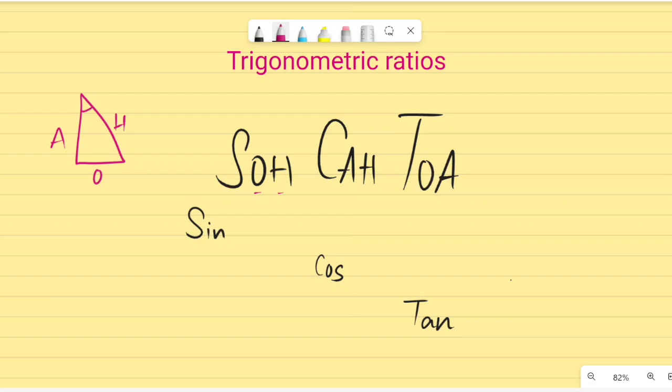O stands for opposite, so sine is equal to opposite over H, which stands for hypotenuse.